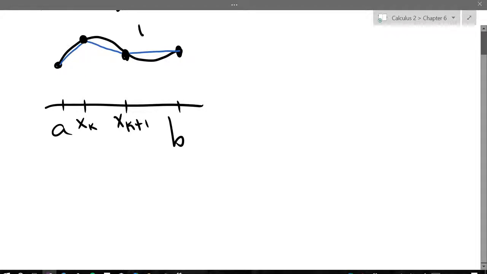And of course our curve needs to be represented by a function. So our curve is y equals f of x. So let's zoom in on this line segment right there.